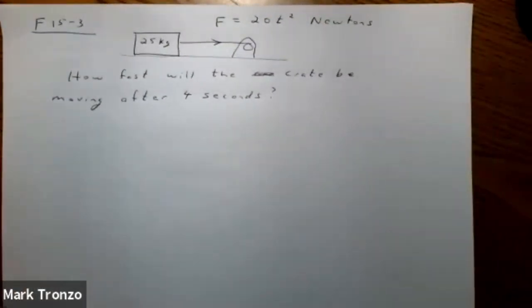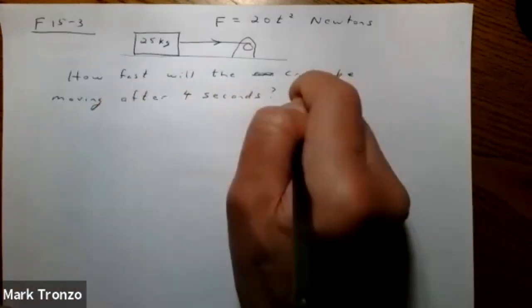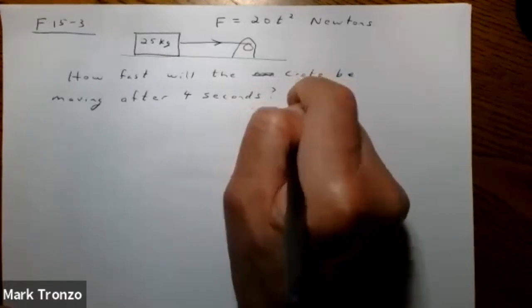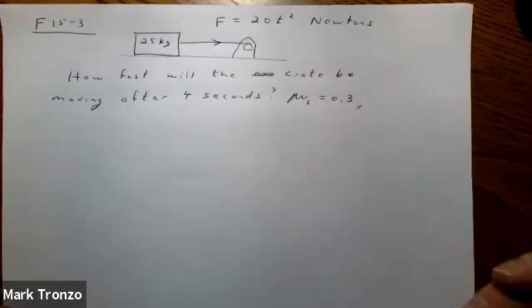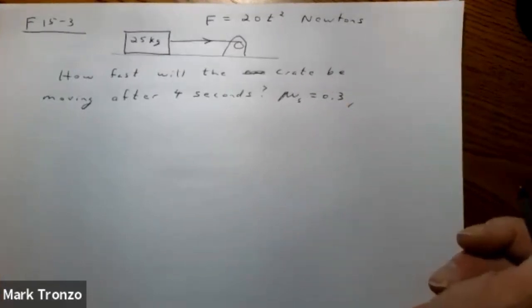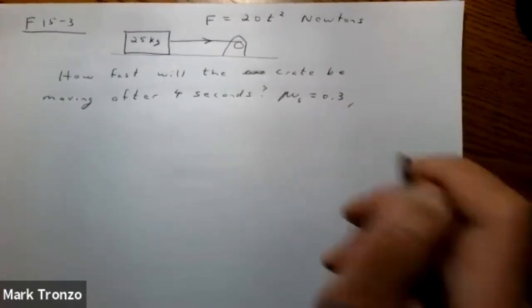It's 25 kilograms. Then we're also given that the static friction, mu s, is 0.3, and the kinetic friction is 0.25.